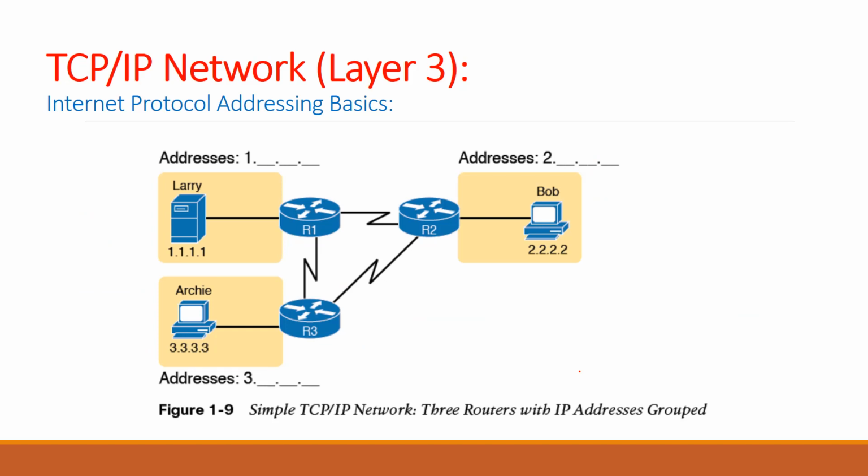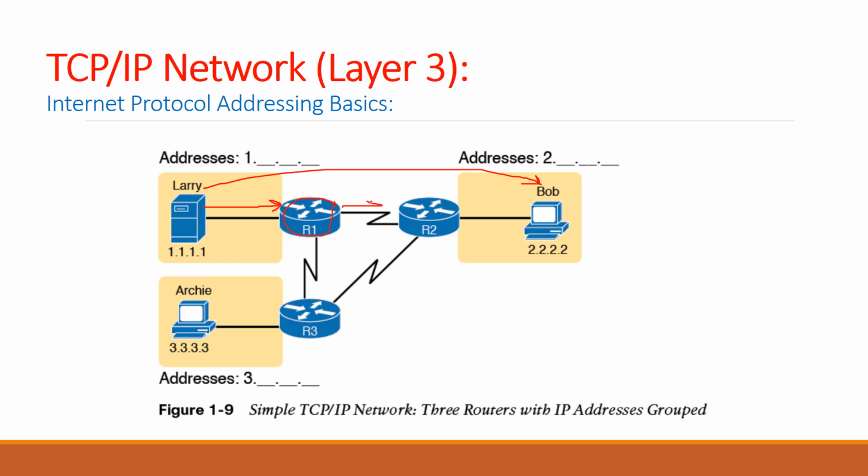So in this example, we will show you how routers will route packets from Larry to Bob, and how that is equivalent to the post office example. When Larry is trying to send a packet to Bob, it will send to the nearest router or the default gateway R1.